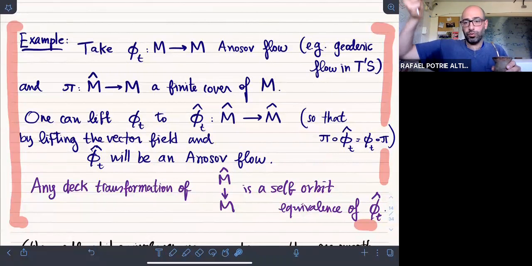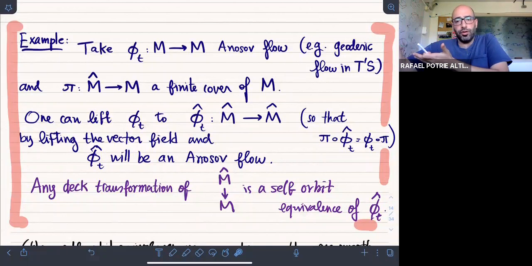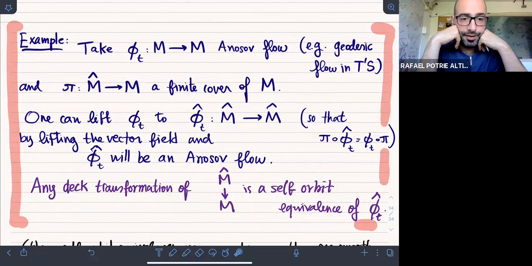Flows are vector fields, so you can lift the vector field to a finite cover, and it will give you a new flow, which, as you are lifting the metric, is still an Anosov flow. You lift all the bundles, and the conditions are still verified.